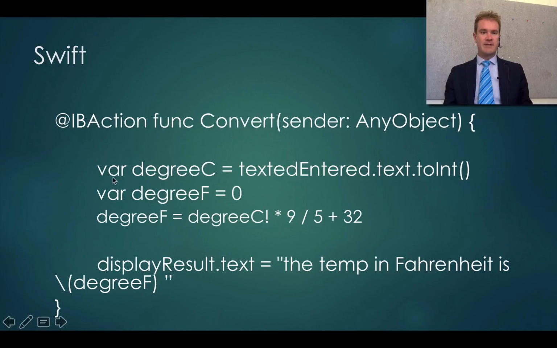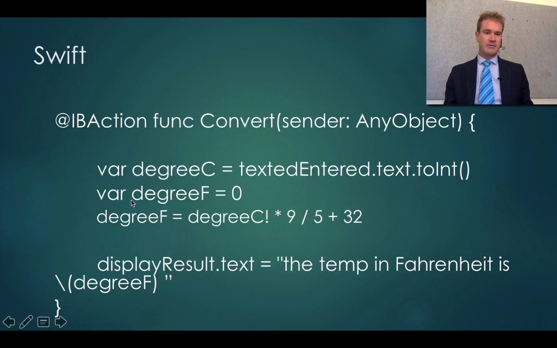In that, we create a variable, var degreesC, and we make that equal to textEntered, which is the name of our text field, dot text, dot toInt. Now that toInt converts the string to an integer, because remember the text entered is just recorded as a string. We need it to be recorded as a number.